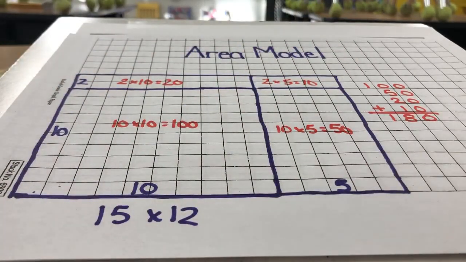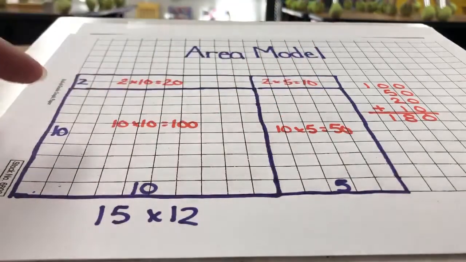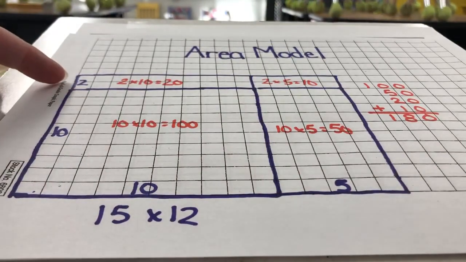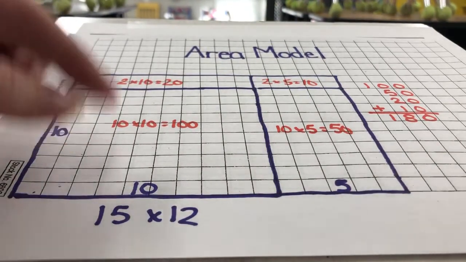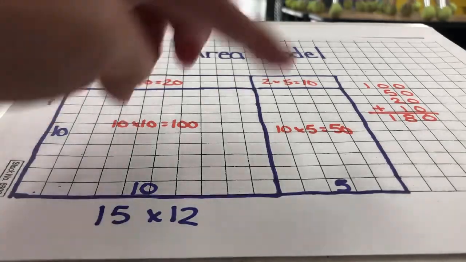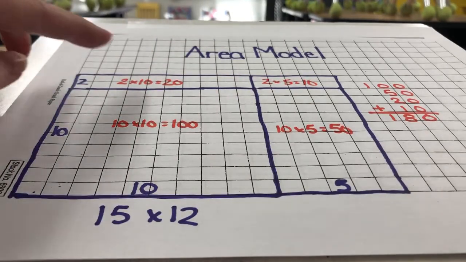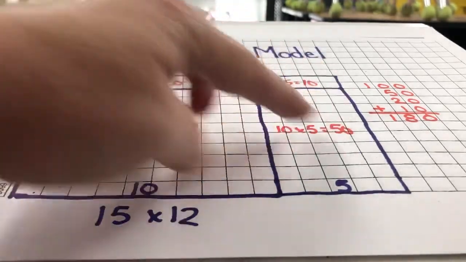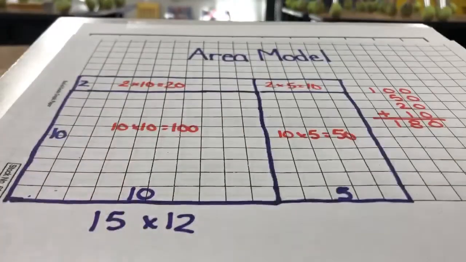And I have 4 sections, 4 partial products. For each section, you multiply the number on the side and the number on the bottom or top, depending on where you put your numbers. And then you take these partial products and add them up to get your total product. That is all review, really, from 4th grade. You learned how to do that.